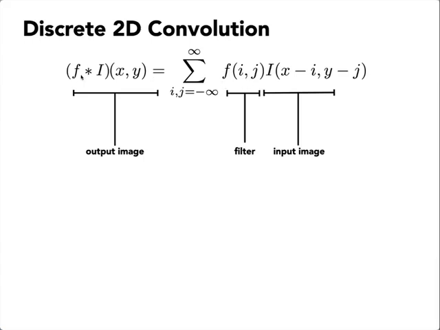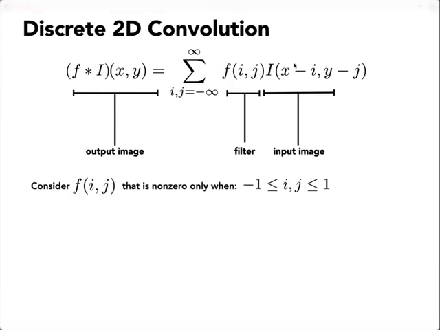Then the convolution f convolve with I at any position x, y that we care about would be the sum over i, j, ranging over all positions from negative infinity to infinity for each of i, j, where we multiply the filter f of i, j times the image I at position x minus i, y minus j. So this is a direct 2D extension of the 1D case that I described just before.